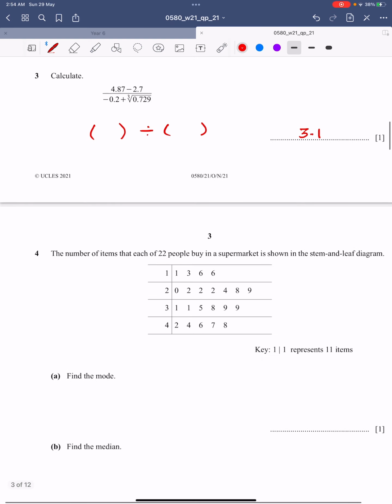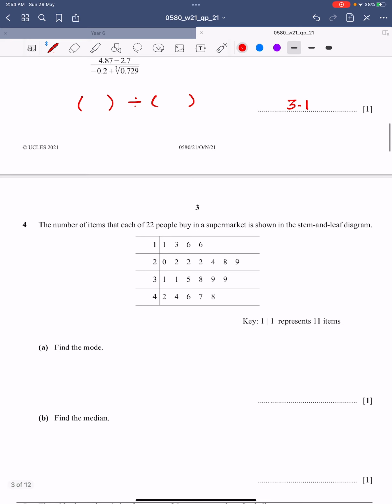Our next question is question number 4. The number of items that each of 22 people buy in a supermarket is shown in the stem and leaf diagram. In a stem and leaf diagram, it is always important to know the key. What does the key mean?